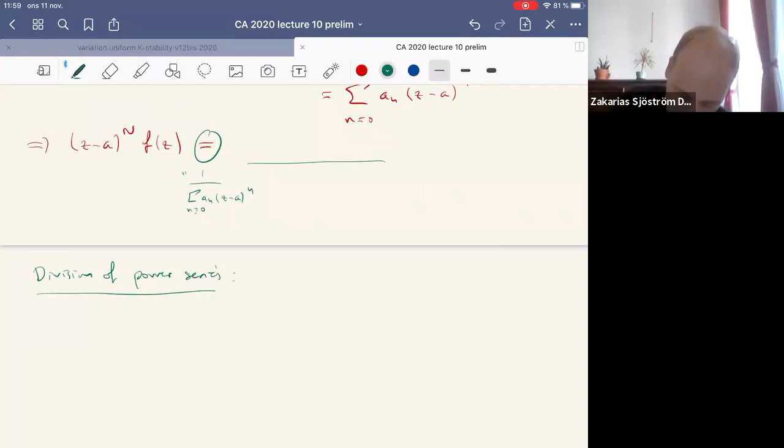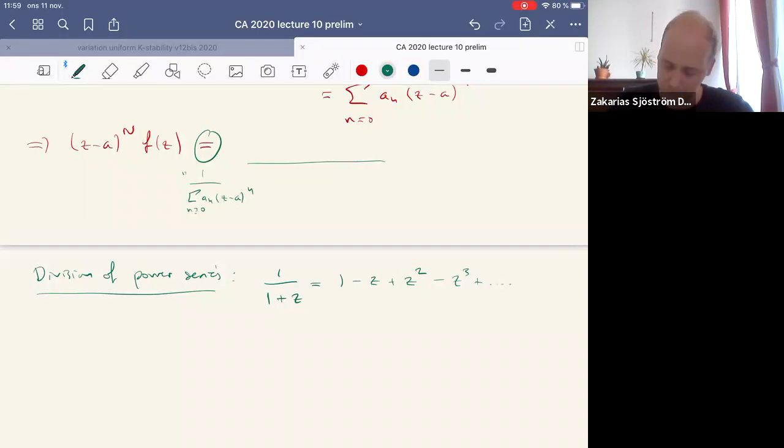Okay, so first of all, if you have something like this, so this is a well-known thing, right? Then what is this equal to? If you expand this in an infinite series, it starts with 1. Then come minus z plus z squared minus z cubed, and so on.